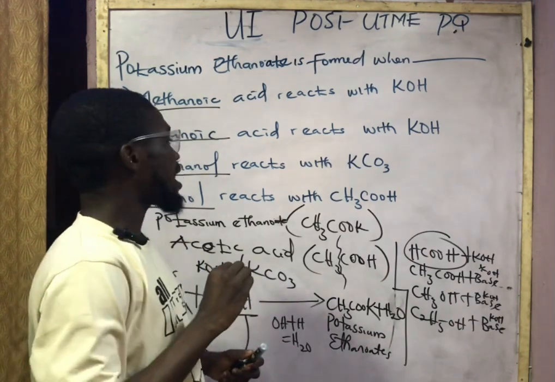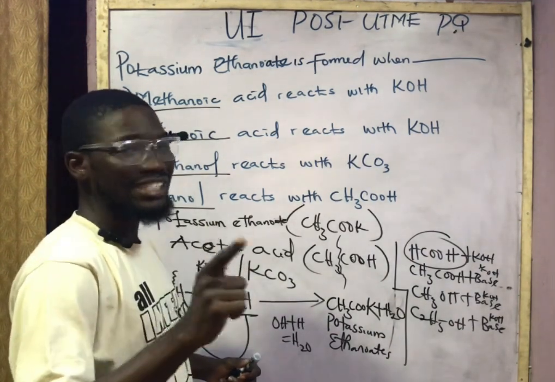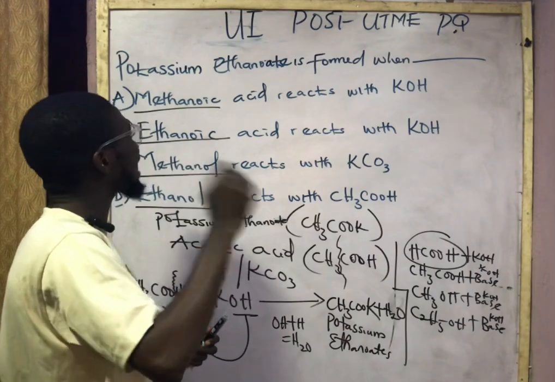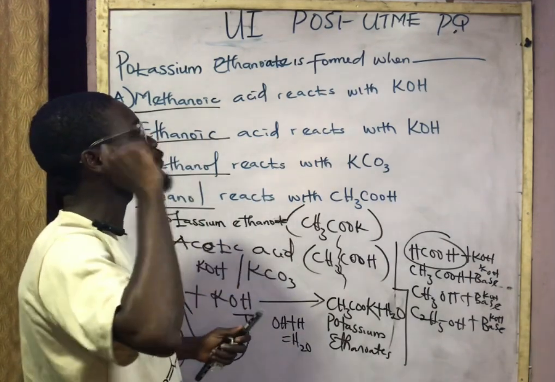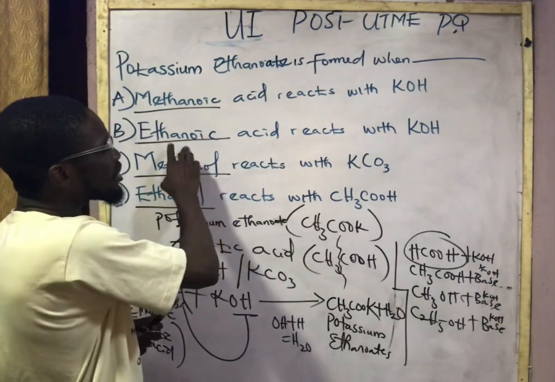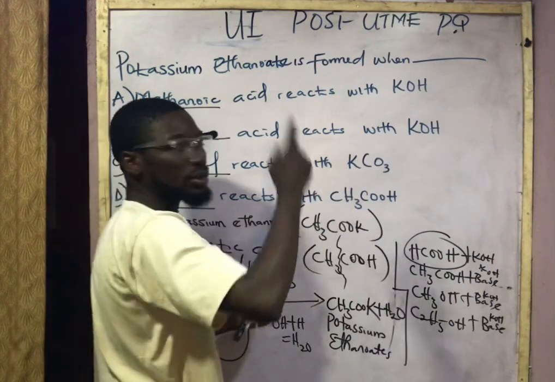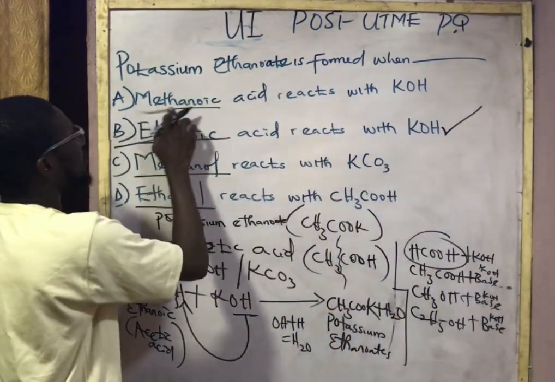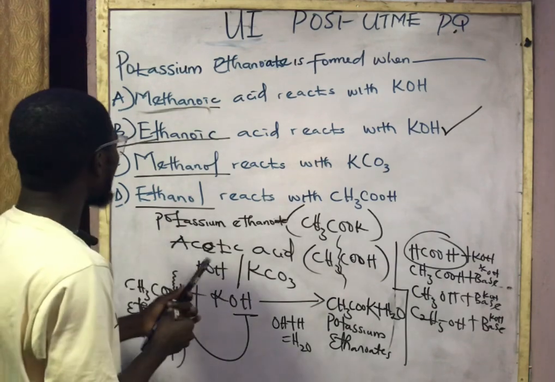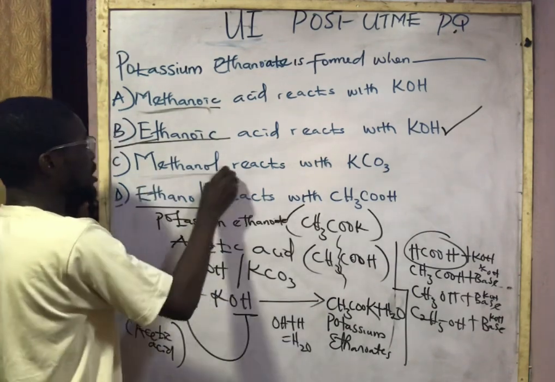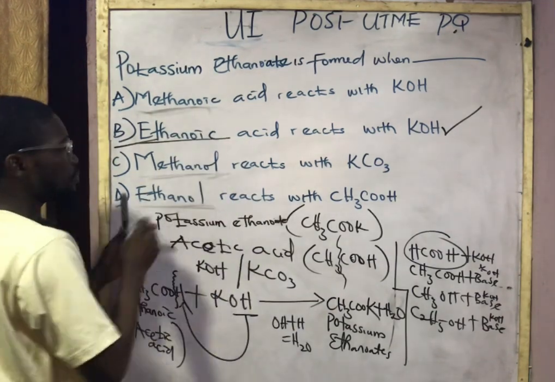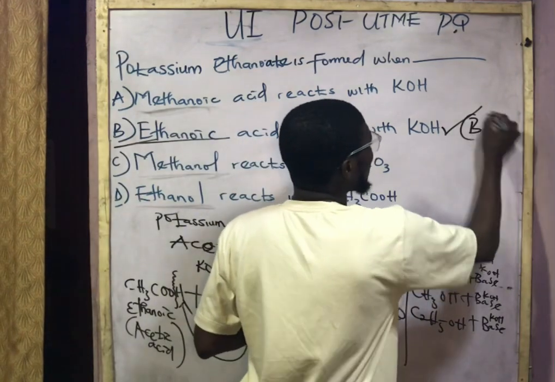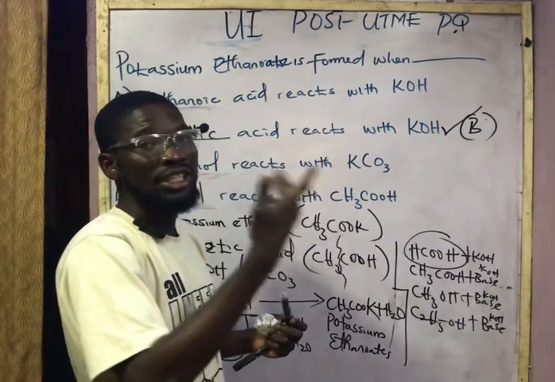As I've said earlier, the question states that potassium ethanoate is formed when ethanoic acid reacts with potassium hydroxide. B is our answer. Please take note, B is our answer. The answer is B, but the equation can come in another dimension.